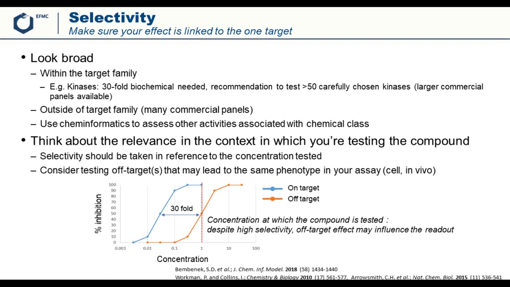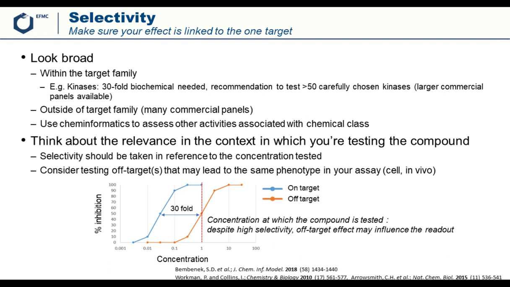Here what you see is a 30-fold difference in IC50 between on and off target. That's a pretty reasonable selectivity window. However, if you test your compound at 1 micromolar, you can see that despite this high selectivity, the off-target effect may influence the readout.